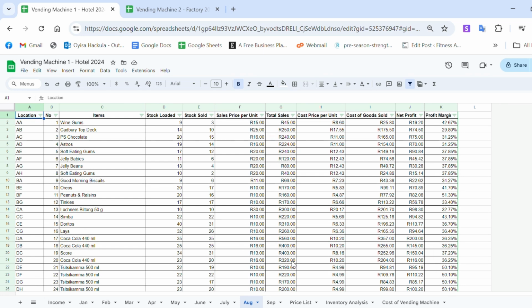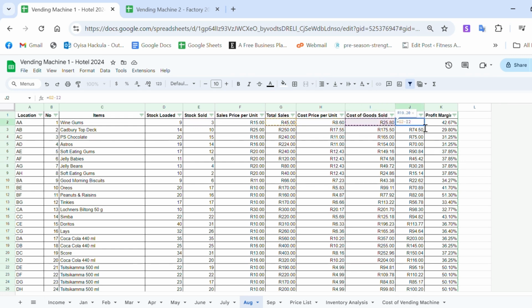Then over here, you see the total sales, being how many were sold times the sales price per unit. Going on from there, you'll see the cost of goods sold, meaning the total cost of having the product sold. I look at how much was sold, multiply by the cost price per unit, and then at the end, I get the profit for all the product that was sold.